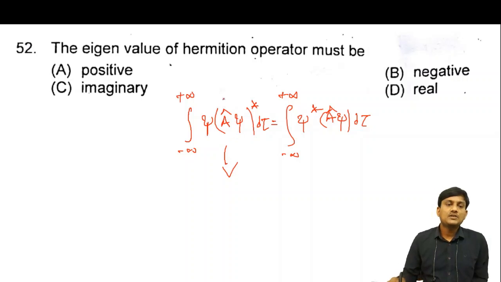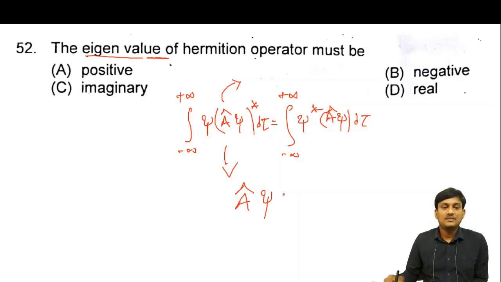A Hermitian operator may be real or imaginary, but the eigenvalues which result are different. Suppose this is a Hermitian operator, and when you operate on a particular function phi, you will get some constant value and again a wave function.